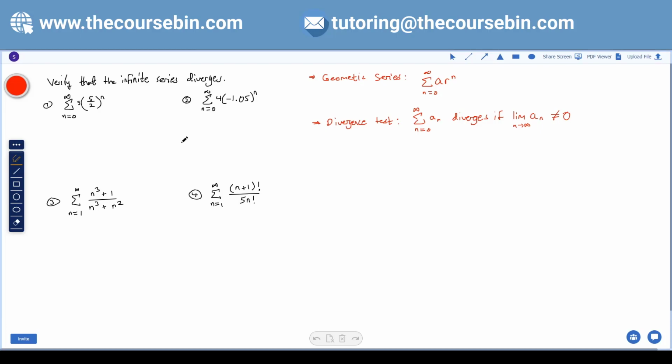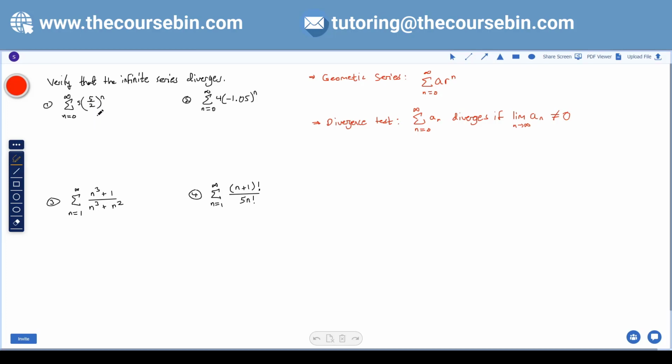When it's written in such a way that we can't clearly see if it's geometric or not, that's when we list out the first few terms and then point out what those quantities are, the common ratio and the first term. Here, we don't necessarily have to. We could, but we don't have to because, for example, with number 1, we can already see that the common ratio is 5/2.